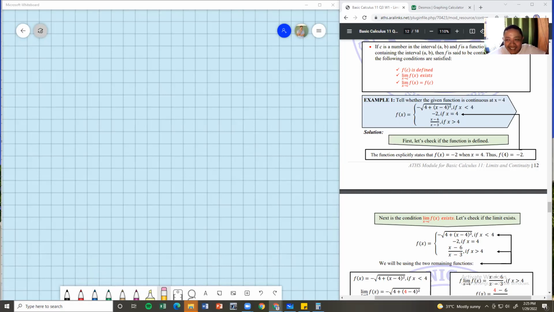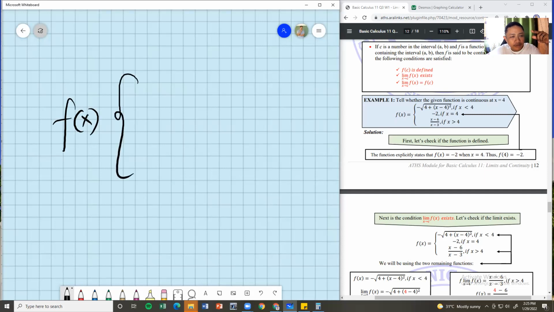Okay, sige. Go back to your general mathematics. And then, what do you call that kind of function wherein we need to combine different functions and then at a certain value, they are continuous.